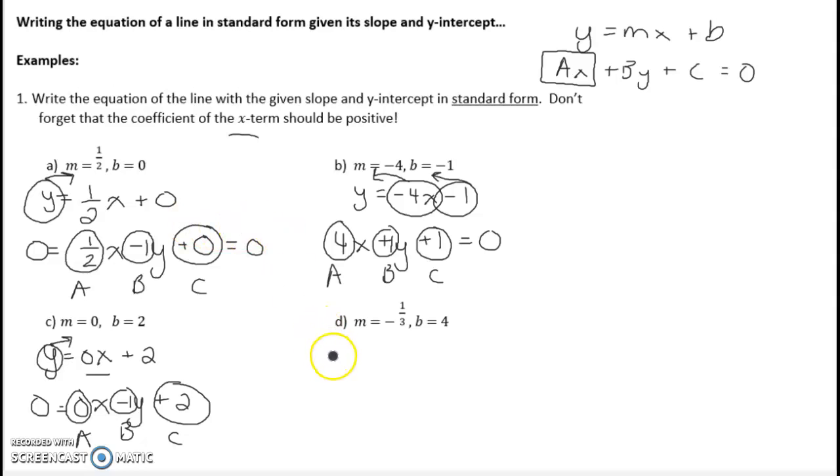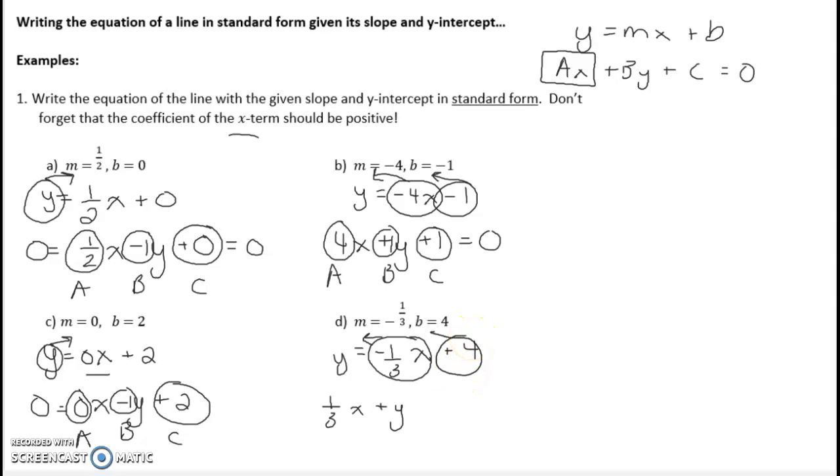All right, last one. Y equals, M is negative 1/3, and then put your x with it. B is plus 4. So notice here, the x is negative, so I'm going to move this x over and make it a positive 1/3 x. Y is already on the left-hand side, so we'll keep it positive y.